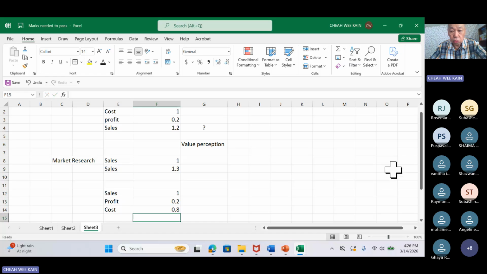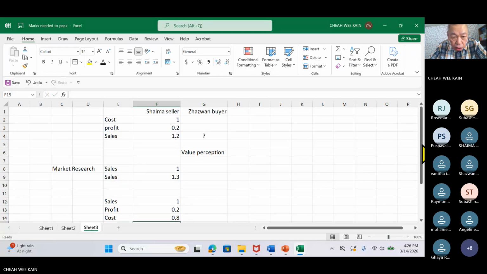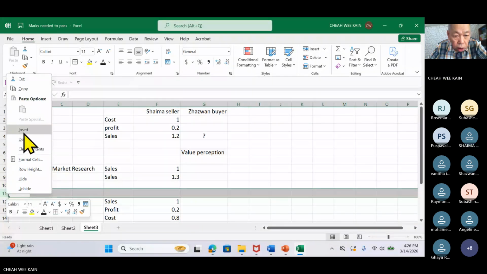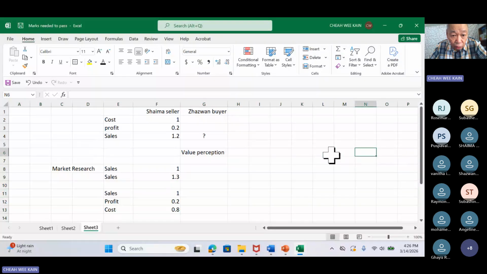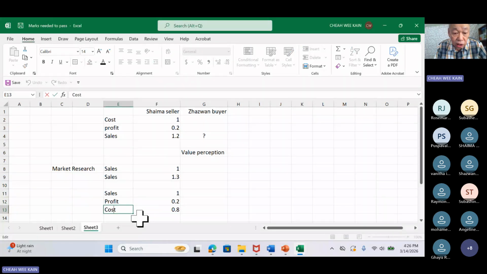And you, Shaima, right? Yes. Your one is $1. Your activity is to try to bring it down to the cost of 80 cents. Why? Because Shazwan only wants to pay $1.